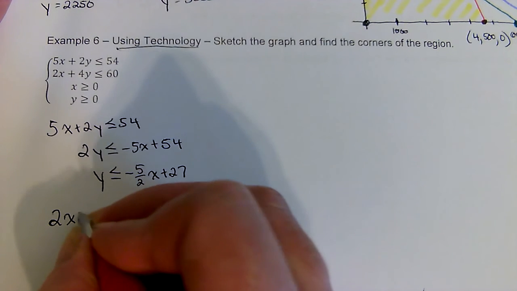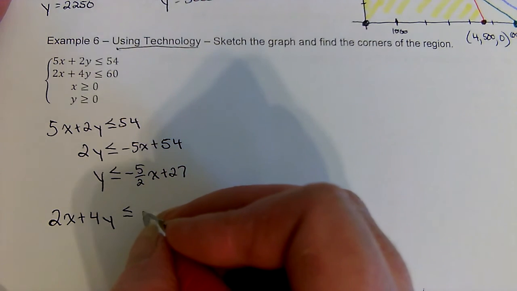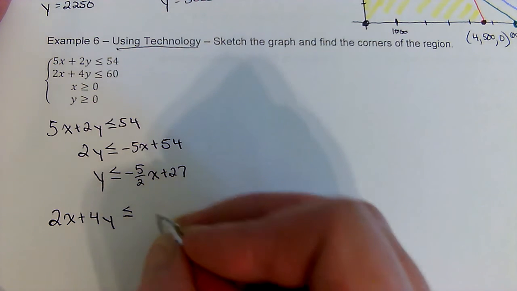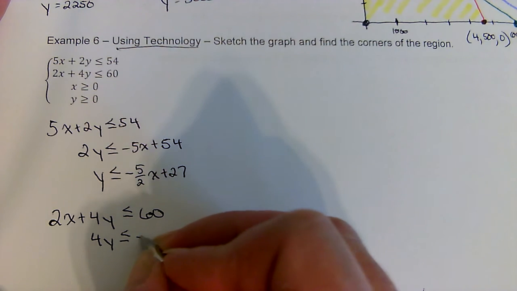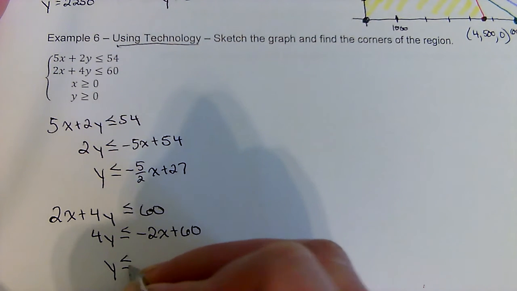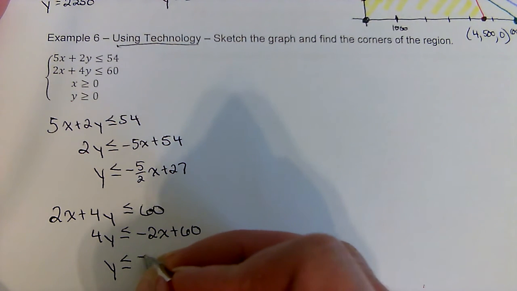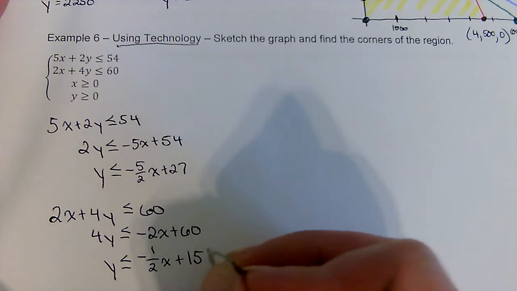On the other one, negative 2 divided by 4 is negative 1/2, and then that would be 15.